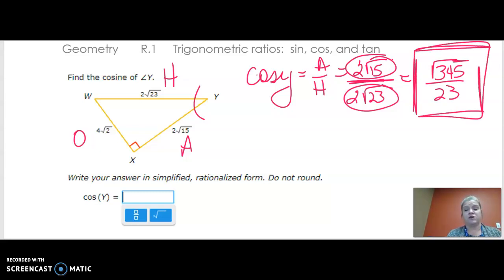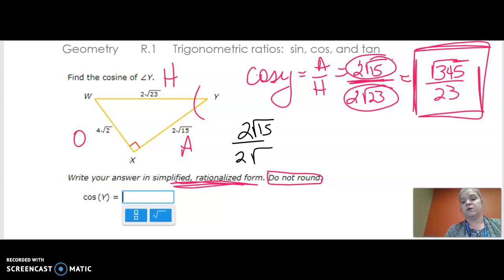If you use a calculator and you get a decimal, it says do not round. So if you get a decimal, that's not what you're going to be putting. This is simplified rational form. Now, if you are wanting to know how we got that, 2 square root of 15 over 2 square root of 23. Both 2's are on the outside, so those cancel out, but you're not allowed to leave a square root on bottom.